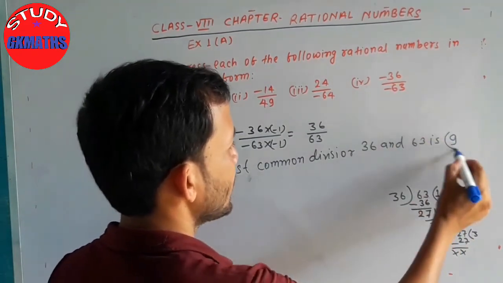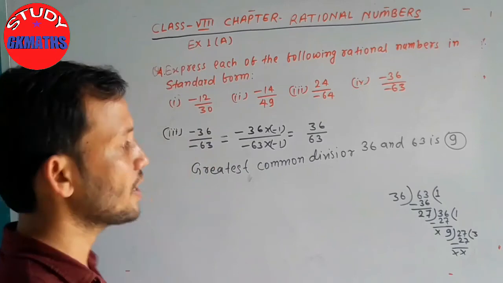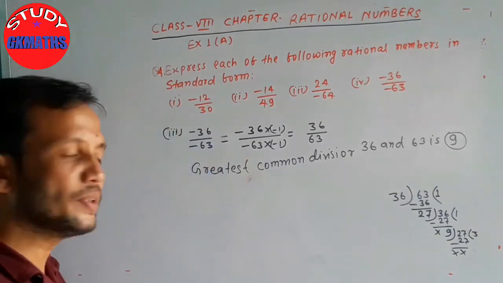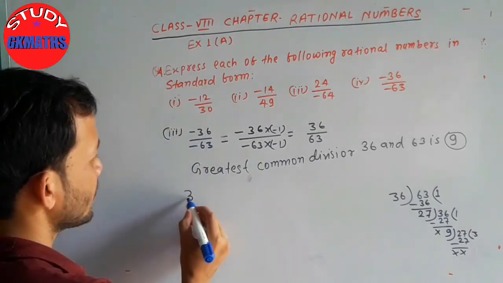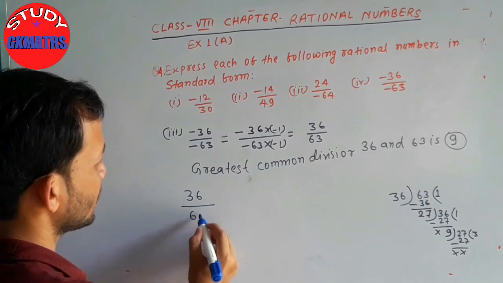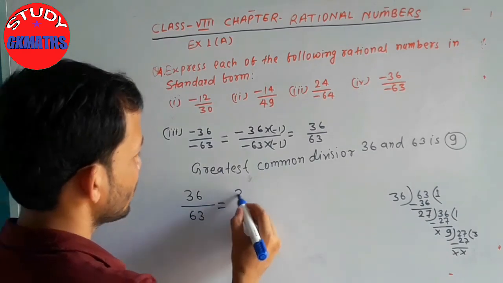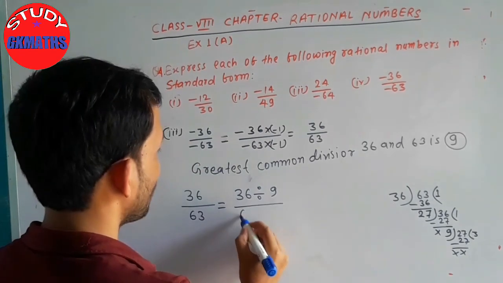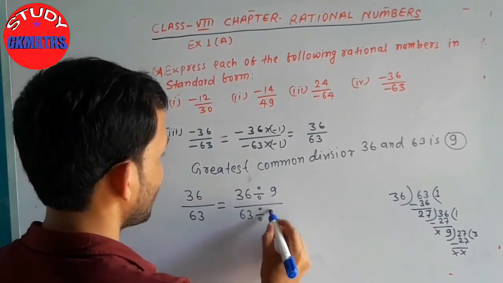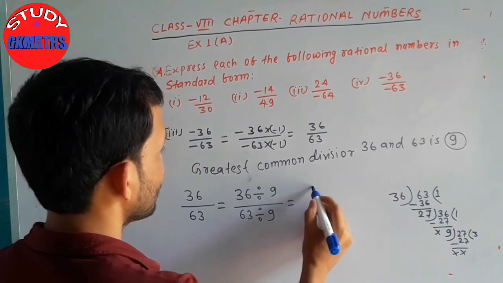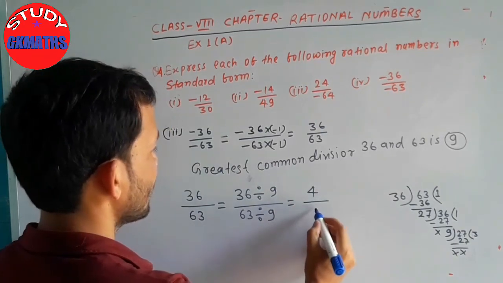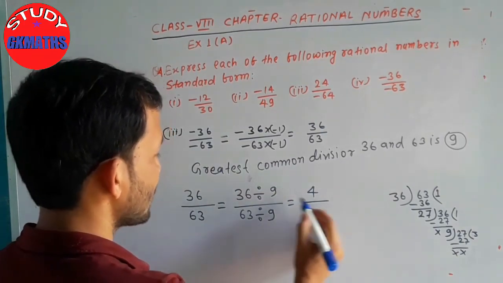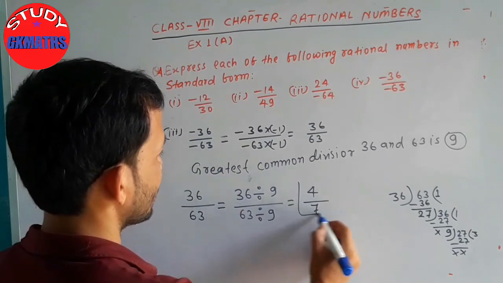Now take this greatest common divisor and divide the numerator and denominator. Your number is 36 upon 63. Then 36 divided by 9 upon 63 divided by 9 equals 9 fours are 36 and 9 sevens are 63.